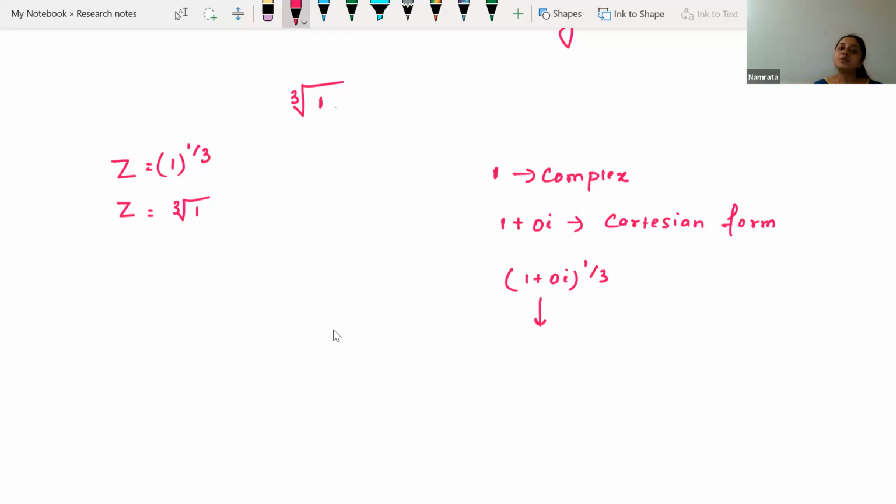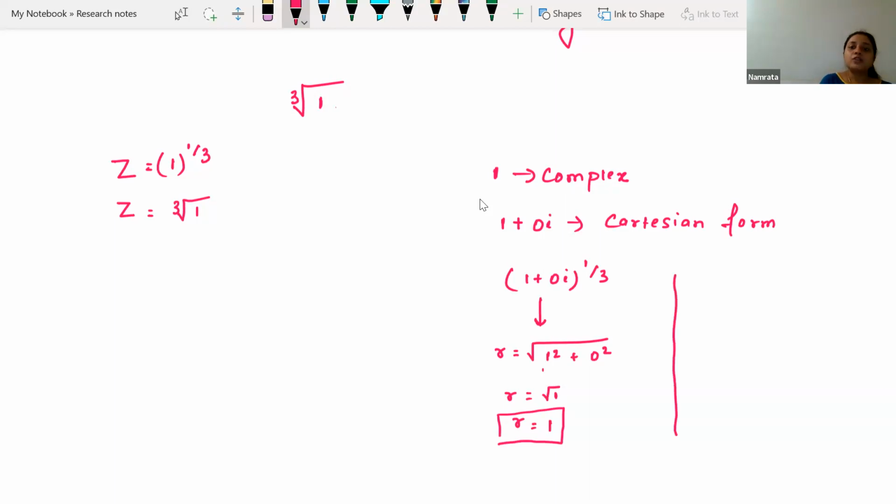Like the previous one, we will be converting to polar form. I said to you the easier method: r will be under root x square plus y square. So 1 square plus 0 square, that is under root 1, and that is 1 only. Is it clear? And theta we will be finding by finding the alpha value. Tan alpha is modulus of y by x.